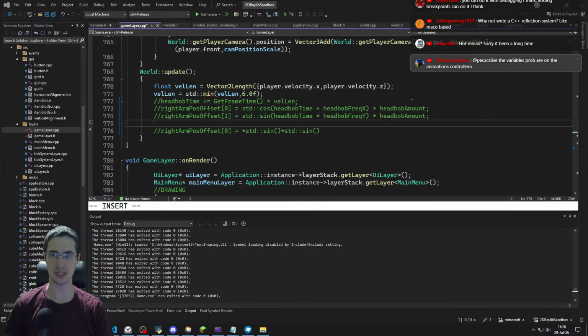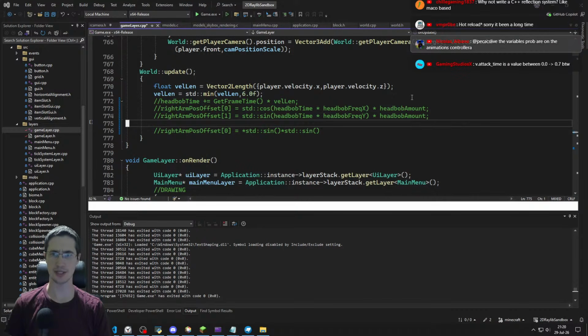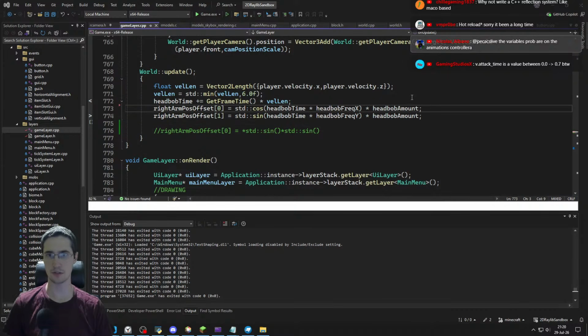What should the test be? Let's change the head bob in real time. Should we change it in debug?